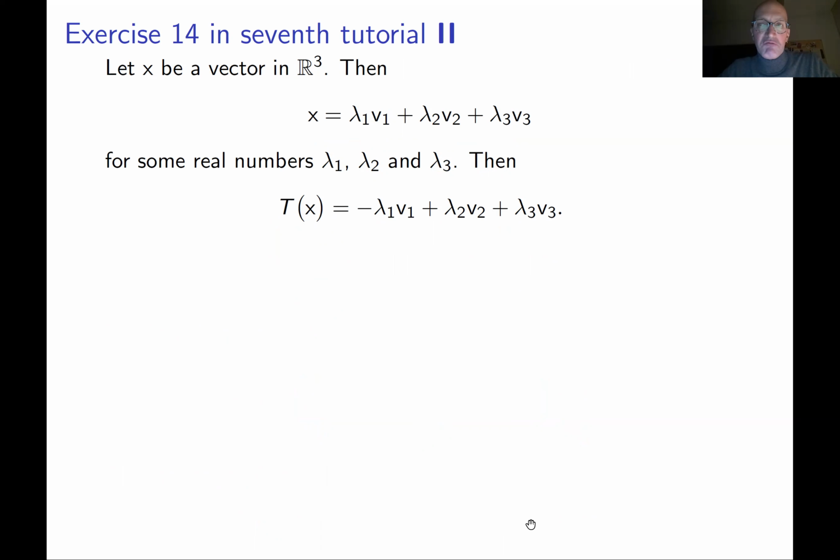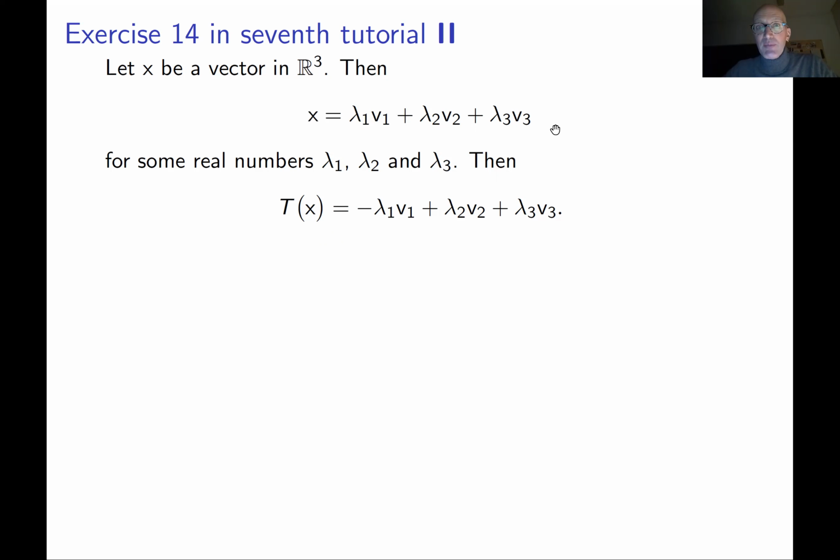We know that we can decompose this vector as a linear combination of standard vectors: x1 times e1 plus x2 times e2 plus x3 times e3, where x1, x2, x3 are just the coordinates of vector x. Or we can express it as a linear combination of vectors v1, v2, v3 in this way: lambda 1 v1 plus lambda 2 v2 plus lambda 3 v3. Every vector x can be decomposed like this.